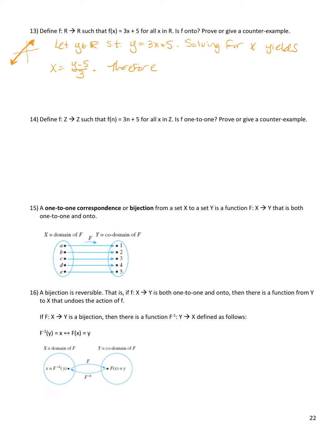Therefore, y is equal to f of x, which is equal to f of (y minus 5) over 3. So for any y, you can find an x by doing (y minus 5) over 3 that will give you that y as an image.